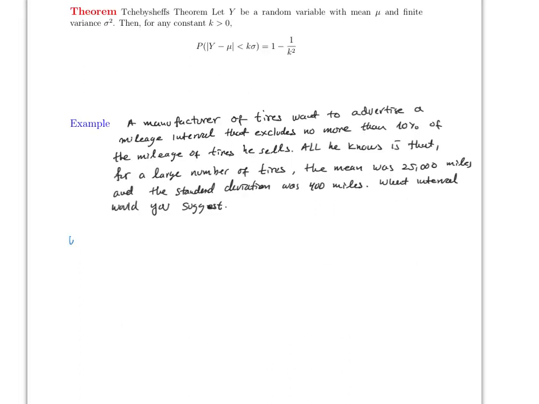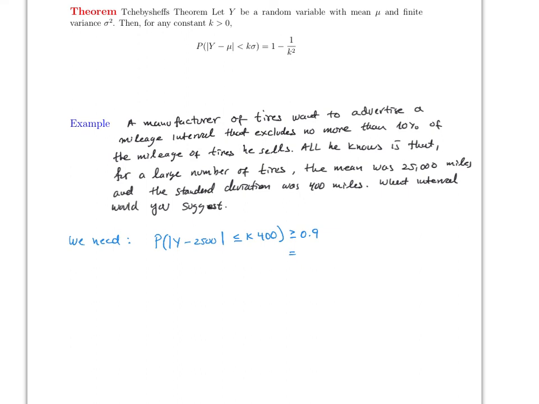All right, so here what we need, based on what the problem is saying, is to find a value for k so that the probability that Y minus the mean, which in this case is 25,000, is less than or equal to k times the standard deviation, has to be greater than or equal to 0.9.